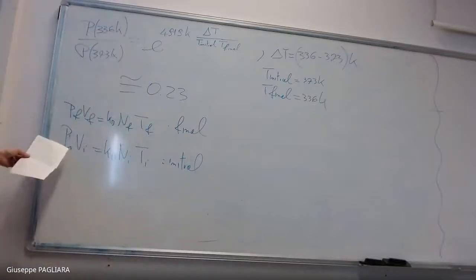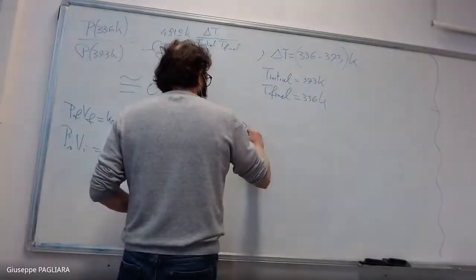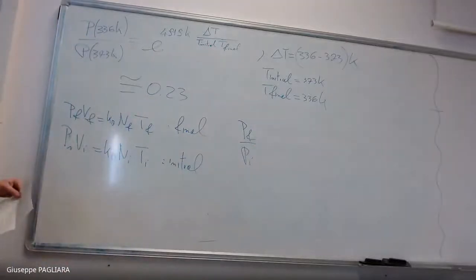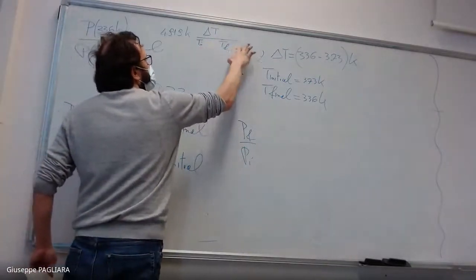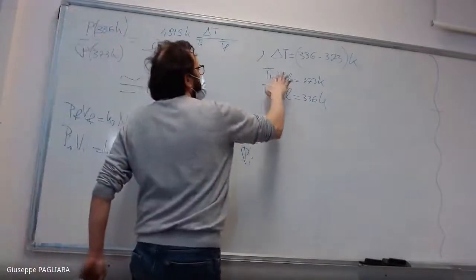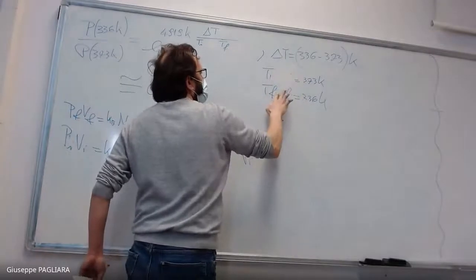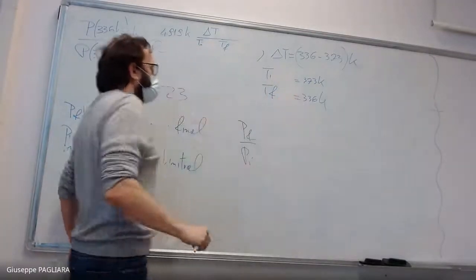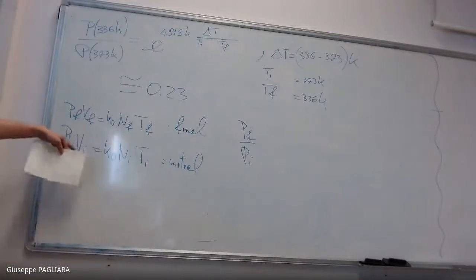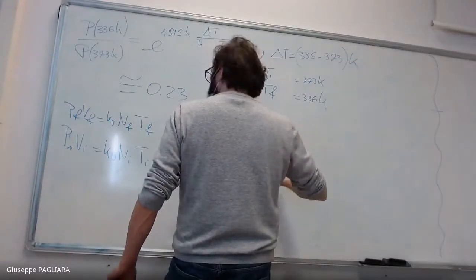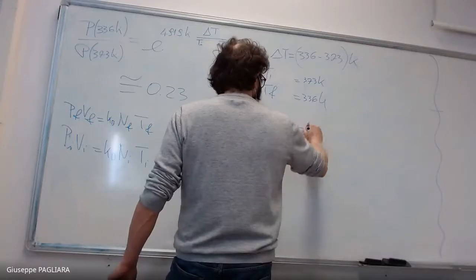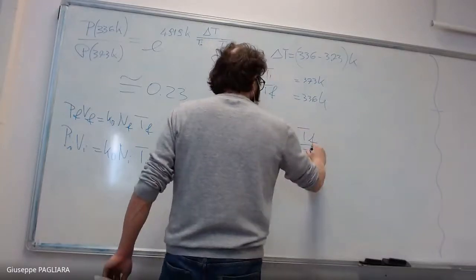I can get from here that the ratio of P_F divided by P_I, since the volume is constant, is equal to N_F divided by N_I times T_F divided by T_I.